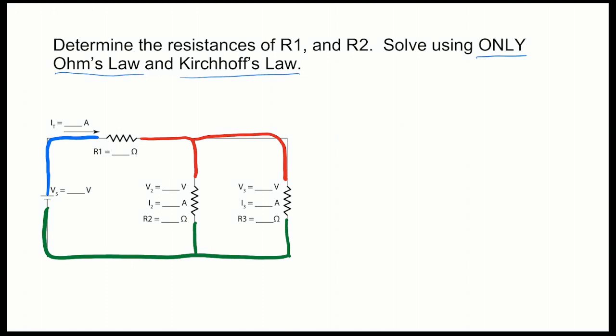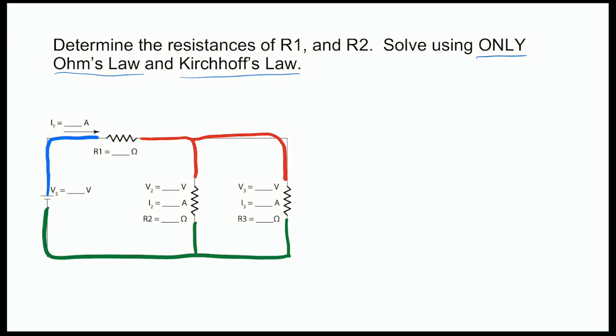When two resistors are in series, their voltages are going to be the same, meaning that V2 and V3, whatever the values are, should be the same. However, that's not the case for I2 and I3. Because as you can see, I total, which is also I1, goes into I2 and I3, which makes I total equal to I2 plus I3.